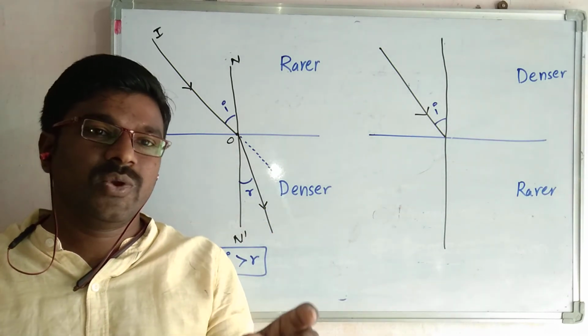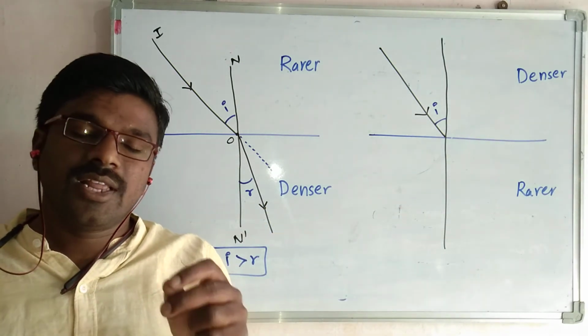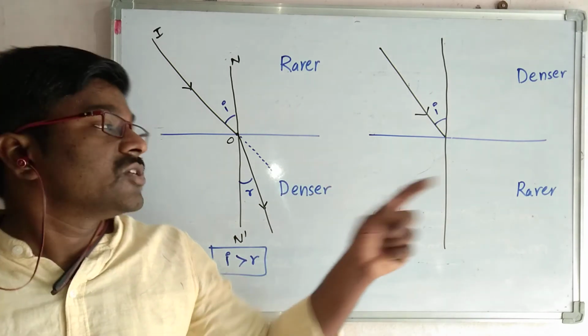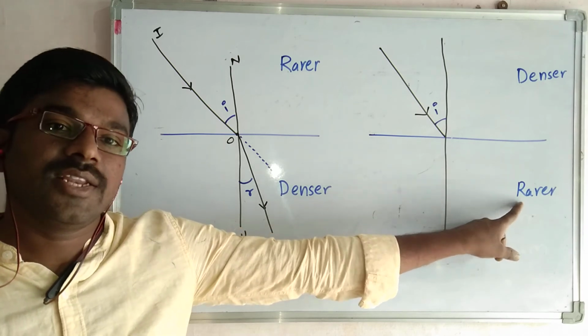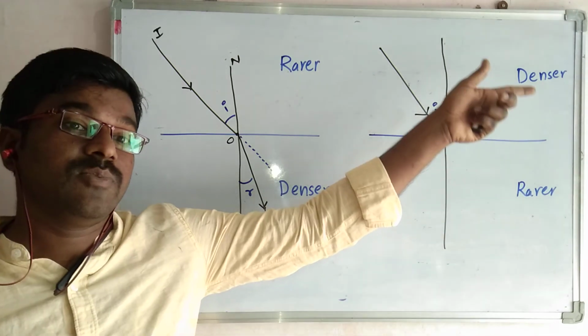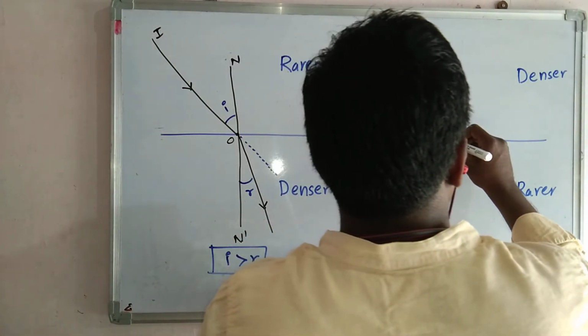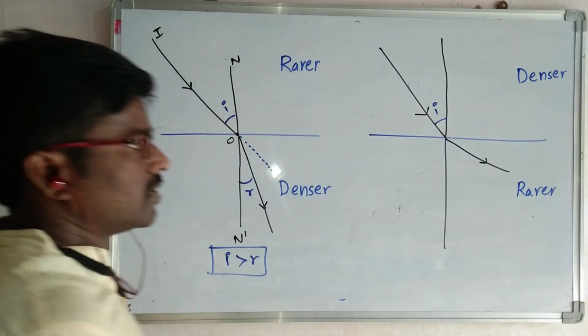Why? Because I told you already, rarer medium means the speed of the light is more than the other type of medium. So here in the rarer medium, the speed of the light is more than the speed of the light in the denser medium. So this light ray will move away from the normal, like that.